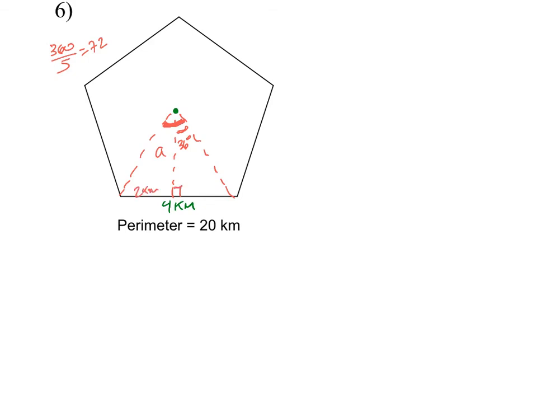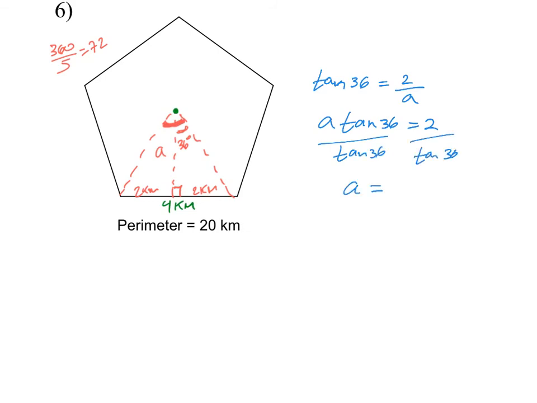This side is 2 kilometers. So that means that, again, my apothem: with angle 36, it's the opposite over the adjacent. So tangent of 36 equals 2 over a. I'm going to multiply times a on both sides, and then divide by tangent of 36.